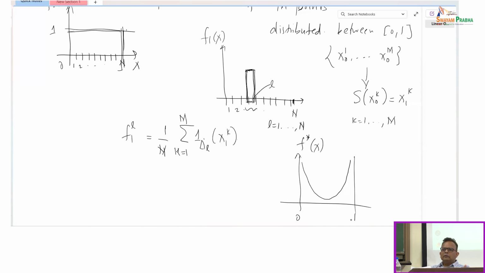The argument could be, of course, you may want to buy it or not, that in reality you will never know the exact initial condition of a system. What you will know is the initial condition with some uncertainty. So there is an initial condition and then there is some uncertainty around it.